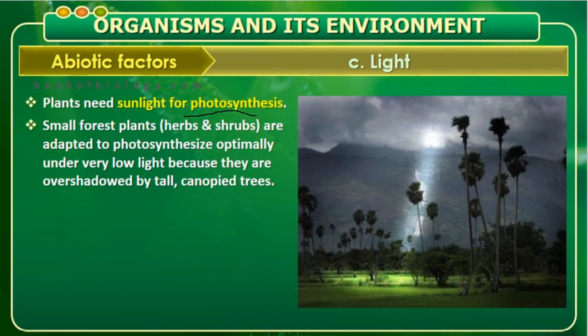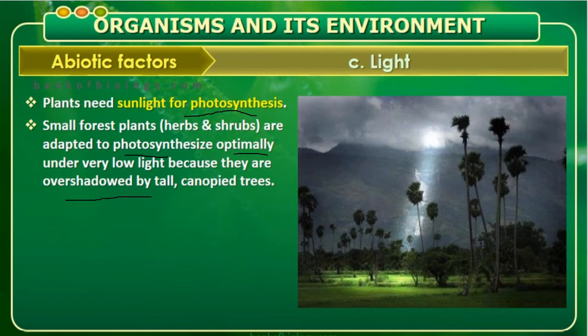that are autotrophs. In a small forest, the plants such as herbs and shrubs are adapted to photosynthesize optimally. See this word, optimally: it means not minimum, not maximum, but as required. It is optimum under very low light, because they are overshadowed by tall canopied trees.